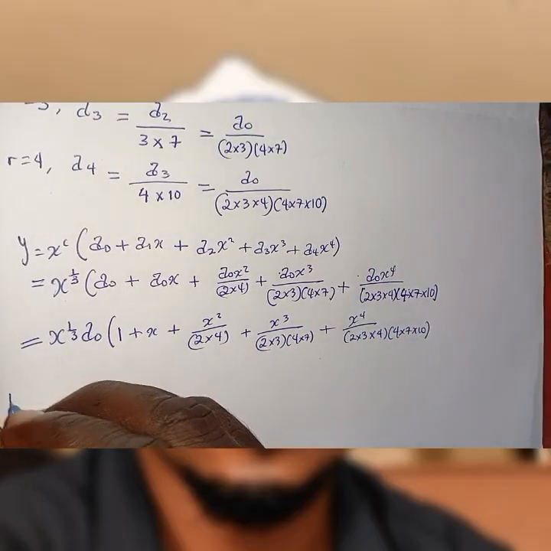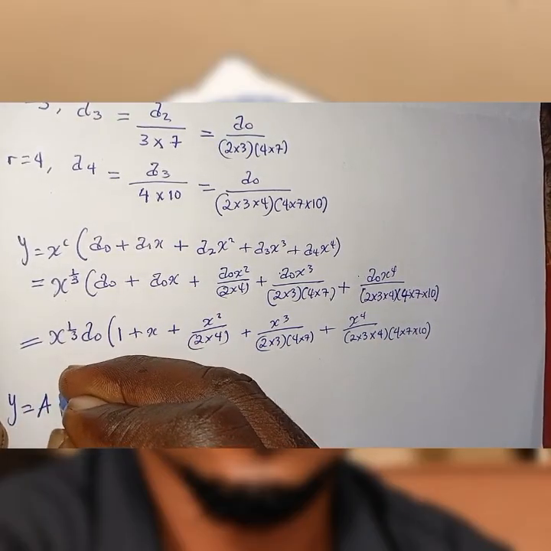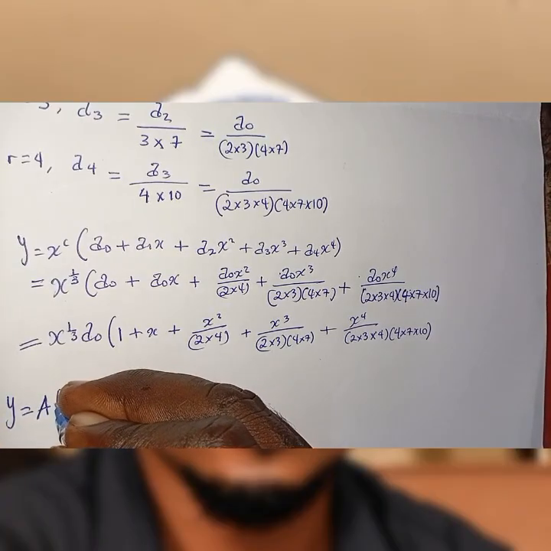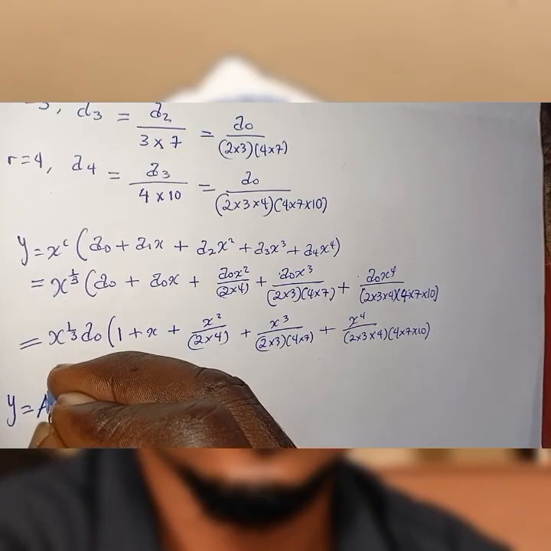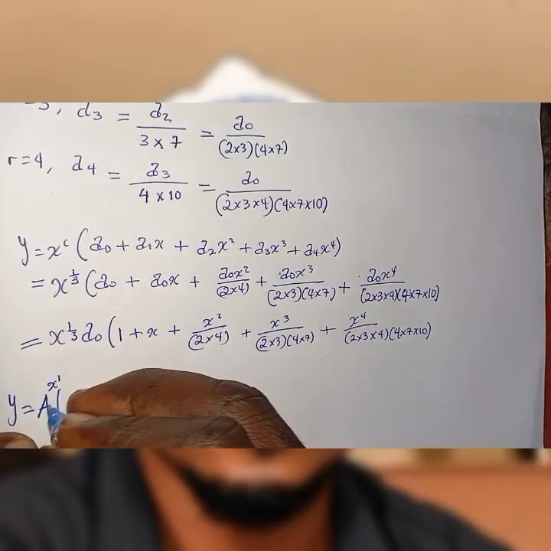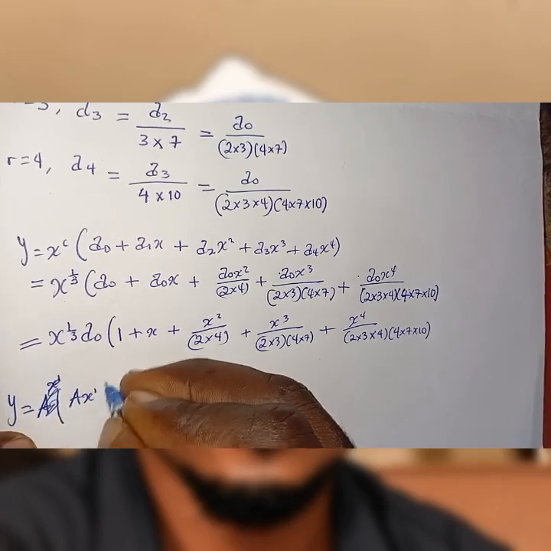Now bringing the two together, remember we changed the first one to a, so there is x^1 here, so a x^1, please note this is not raised to a power, so let me write it a x^1.